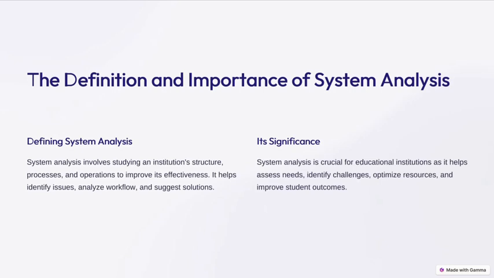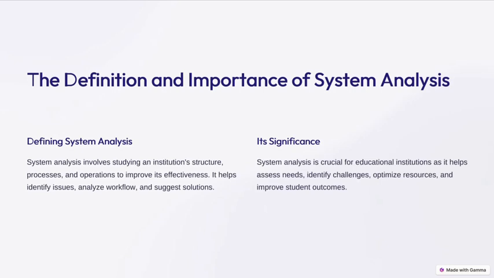The third one, it will also support problem solving, like we are able to identify issues and offer solutions. The fourth one, optimizes resources, in which we can ensure effective allocation of human, financial, and technological resources. And lastly, it will facilitate institutional growth, and it will help institutions adapt to changing educational trends and policies.